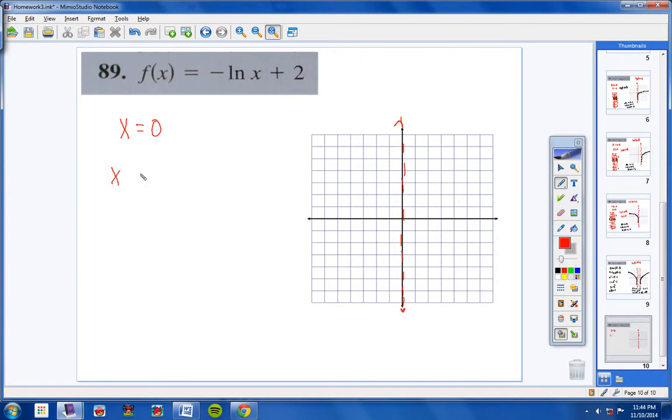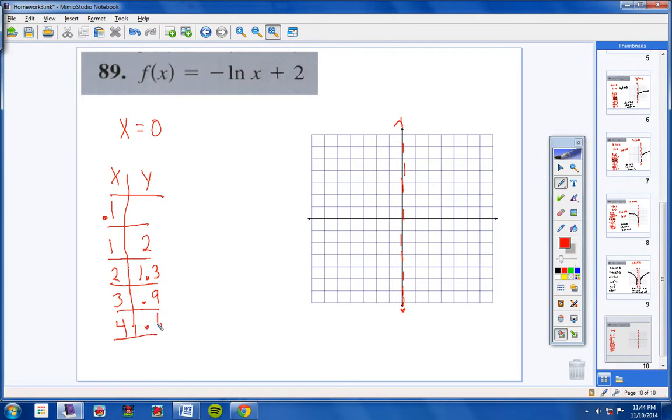So your table of values would look like this. Go a little bit past 0, and that would be 0.1, and then 1, 2, 3, and 4. Go ahead and type this into your calculator, and let's see what we get here. My table is 1 is 2, 2 is 1.3, 3 is 0.9, and 4 is 0.6.